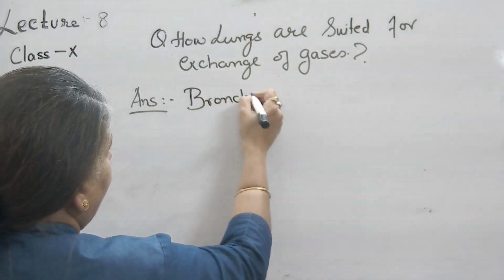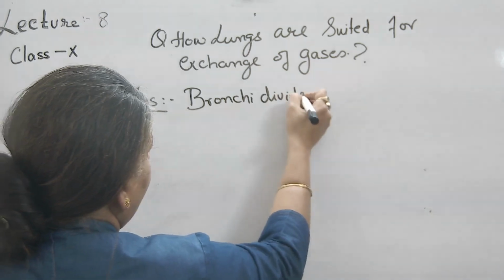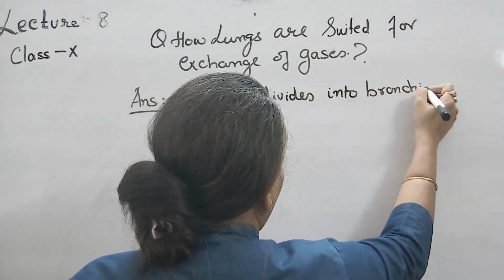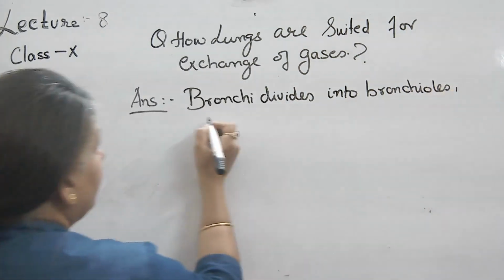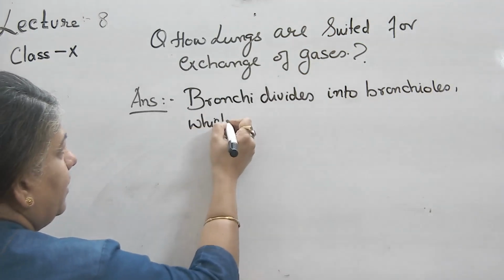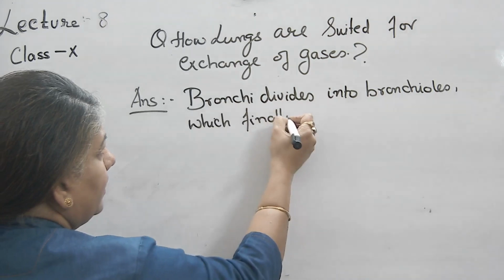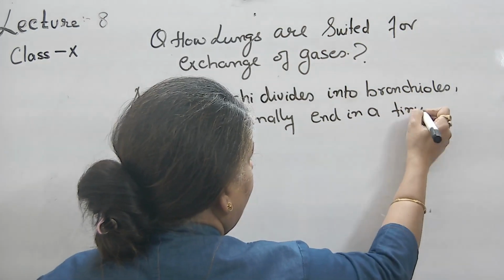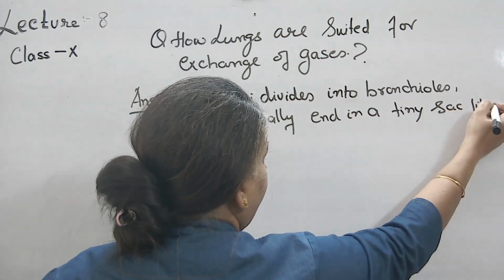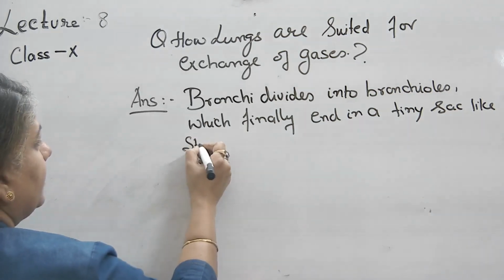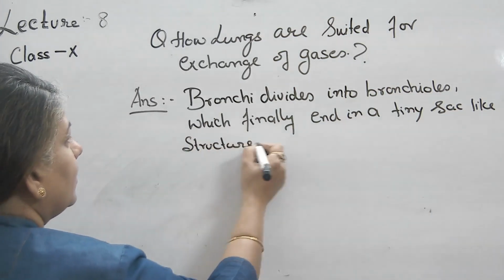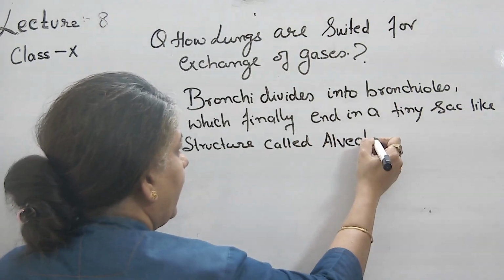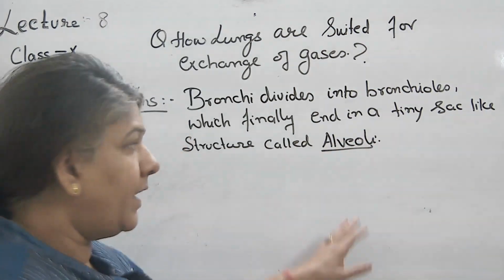Bronchi divides into bronchioles which finally end in tiny sac-like structures called alveoli.